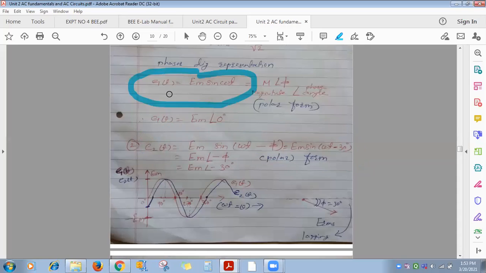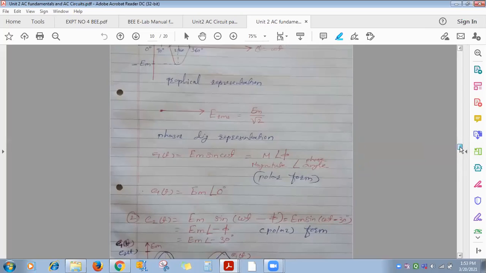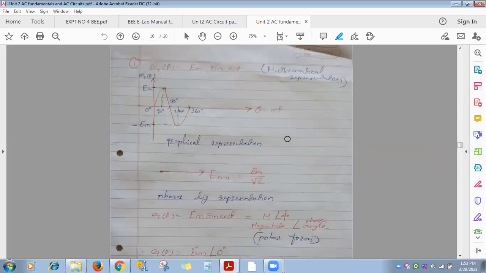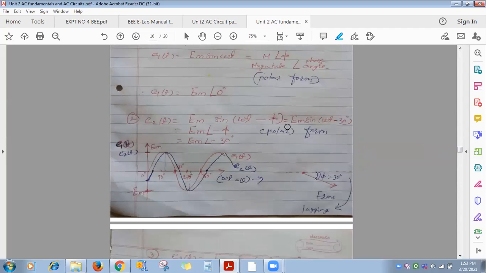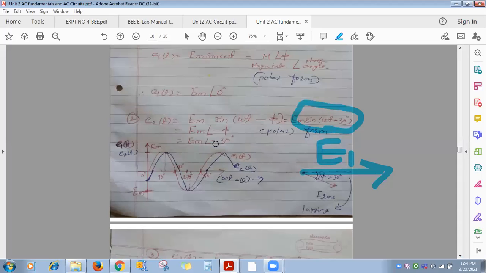And what about the phasor diagram? If it's Em sin of omega t, then that is parallel to the real axis. You have to represent that quantity, whatever it is, voltage or current. If it is Em sin of omega t minus 30 degree, E2 lags E1. If E1 is along the positive real axis, then with reference to this, on the same plane, if you wanted to represent E2 at minus 30 degree, a negative angle we measure clockwise.